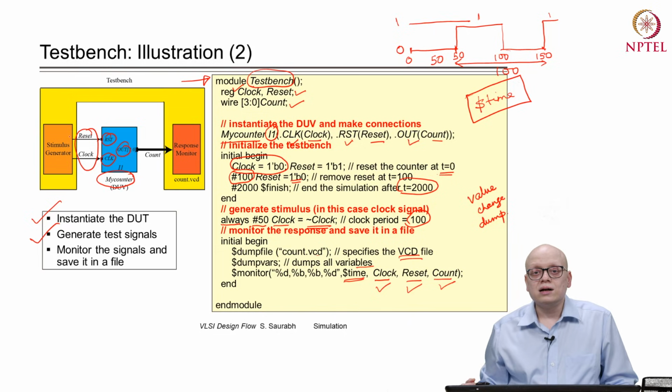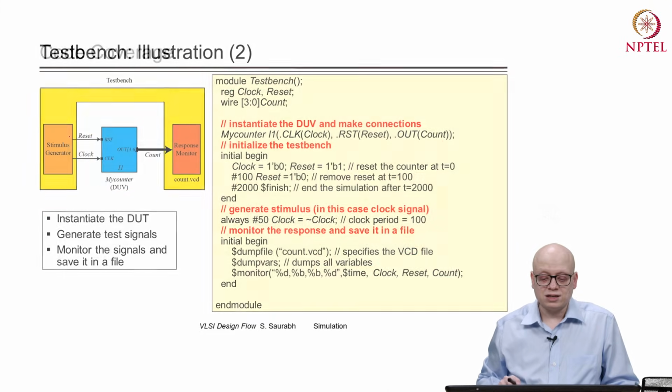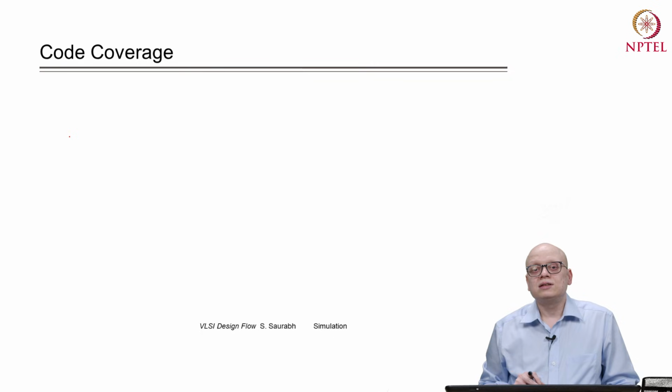But for a large design, how can we be sure that we have applied sufficient stimulus to our design, and that we have done a thorough verification? To do this, there are various metrics, and one of them is code coverage, right.